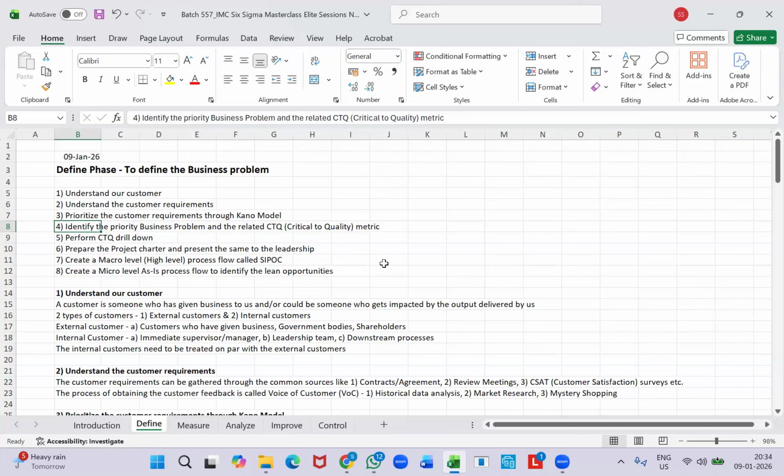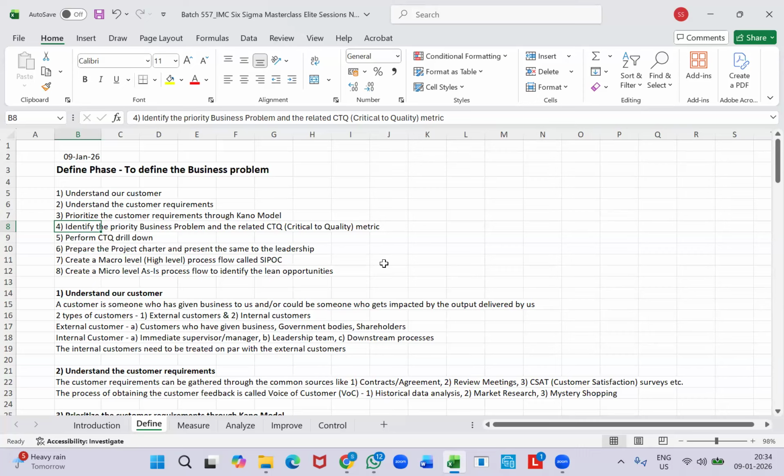So if you are prioritizing the customer requirement, and you find that we are falling short of fulfilling that customer requirement, then that has to be addressed as a business problem, right? So through this exercise, we will also identify the priority business problem, and we need to come up with a metric called the CTQ metric. The full form is critical to quality, right? So what is this metric?